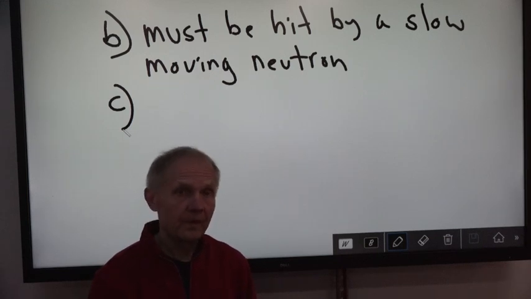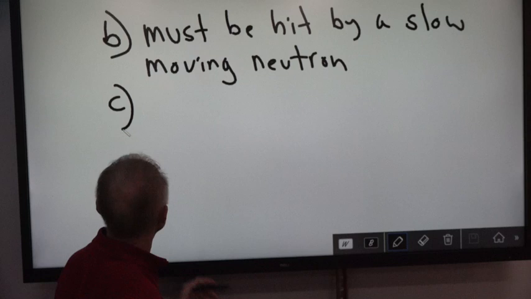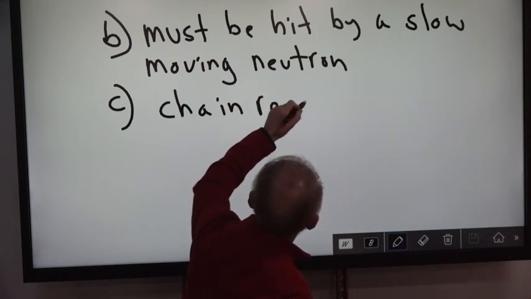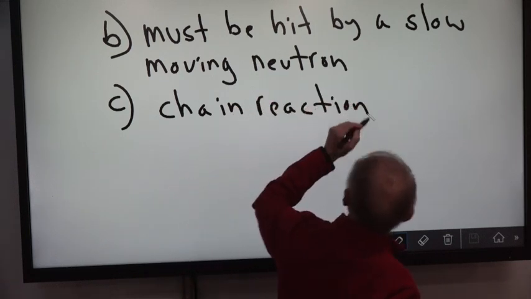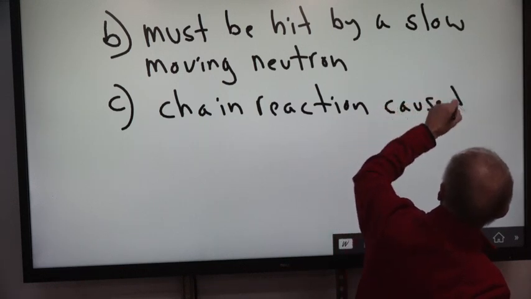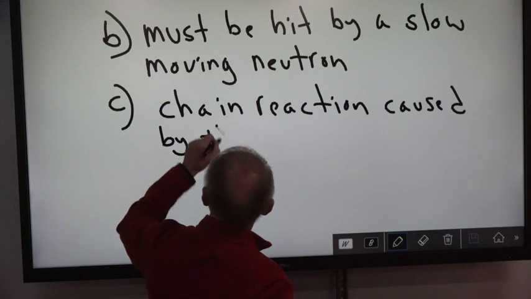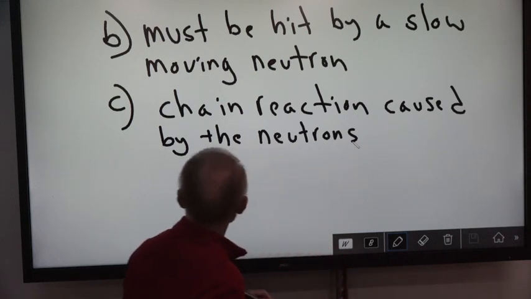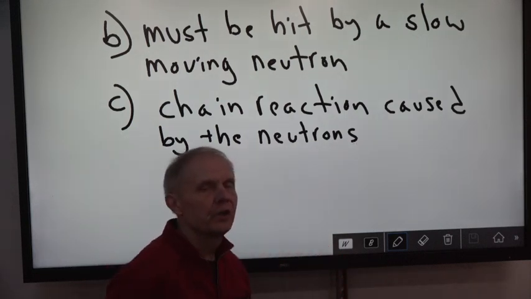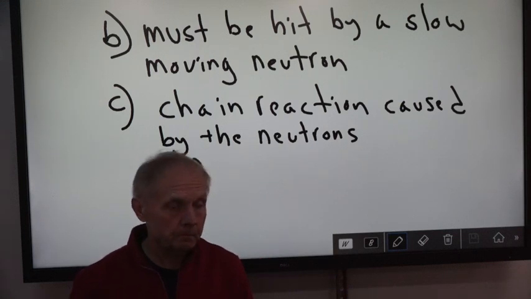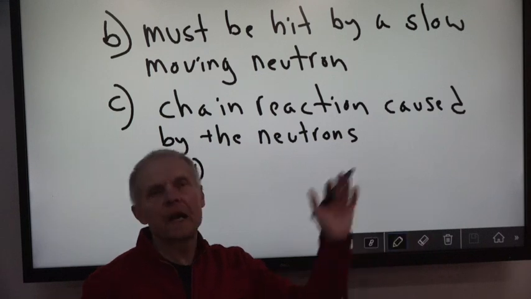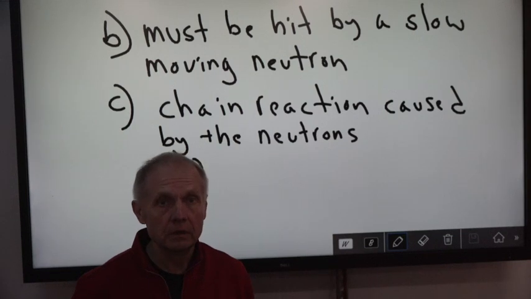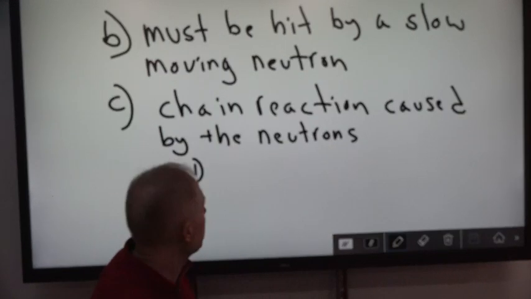Now, there's two things we can do with that chain reaction. The first thing we can do with the chain reaction is, if we just let the neutrons hit all the other fissionable nucleus of the radioisotopes and don't control it, it's called an uncontrolled chain reaction.